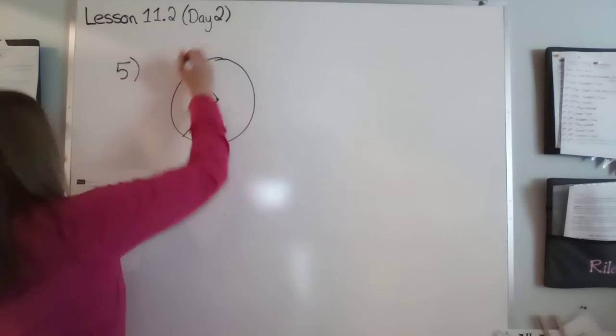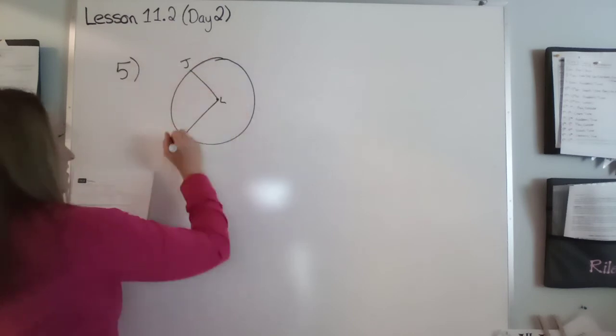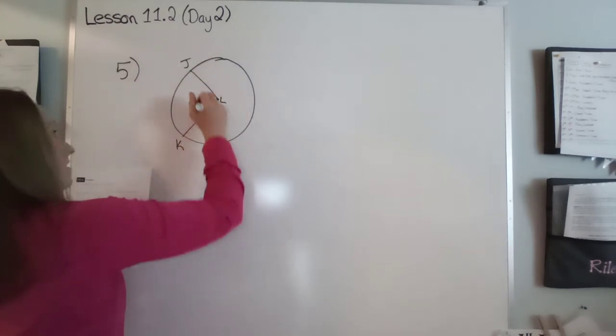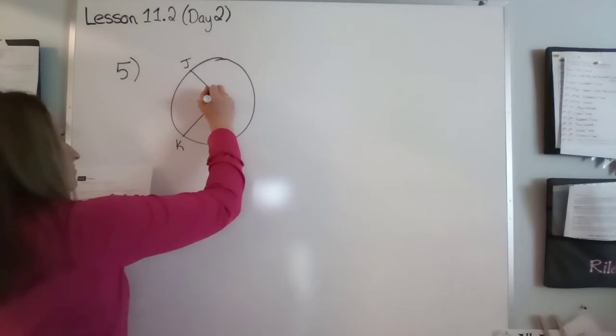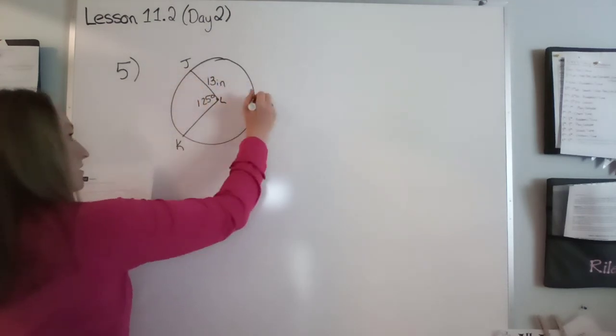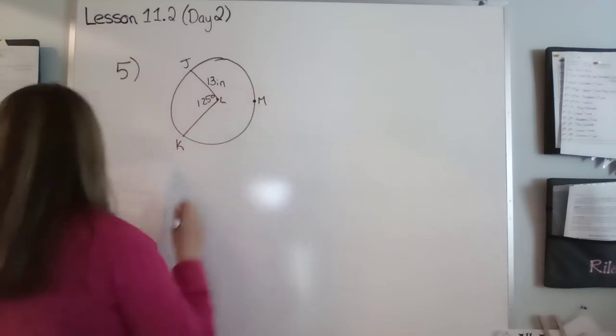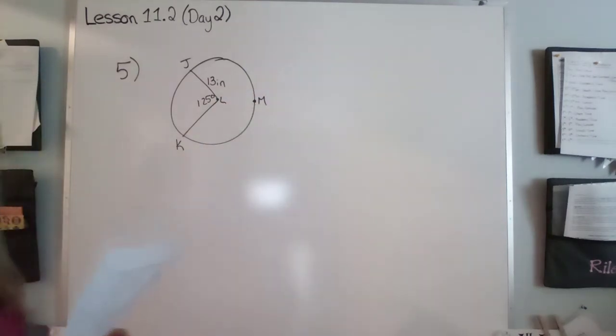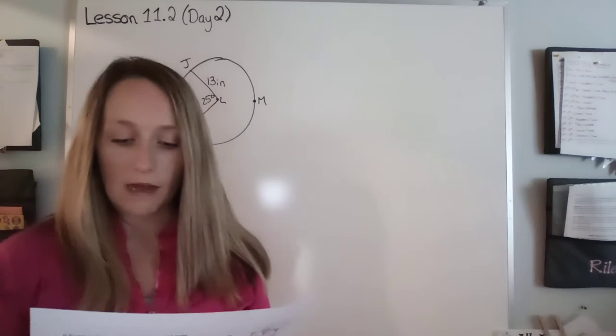This is J, L, K, and this is 125 degrees, 13 inches, and you have point M over here. All right, so it says find the area of the darkened section formed by JLK.